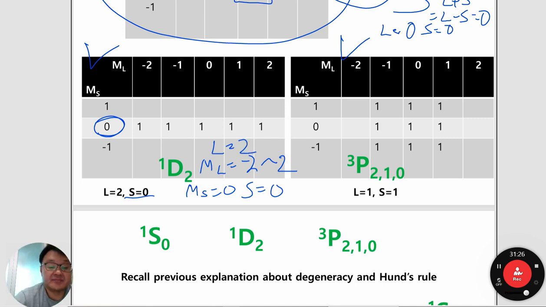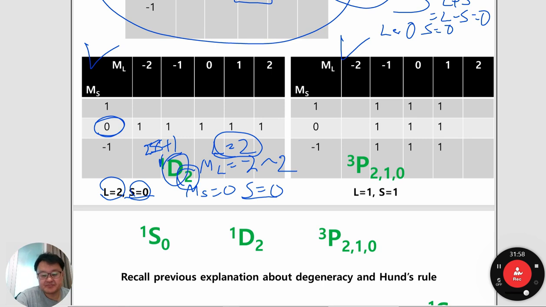As I told you, L is 0, 1, 2, 3: S, P, D, F. If L is 2, then the main symbol should be D. Then 2S plus 1, the spin multiplicity: spin is 0, so spin multiplicity should be 1. Now if L is 2 and S is 0, the only J value is 2: L plus S is 2, L minus S is 2.